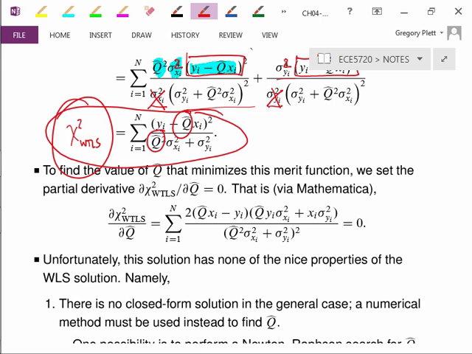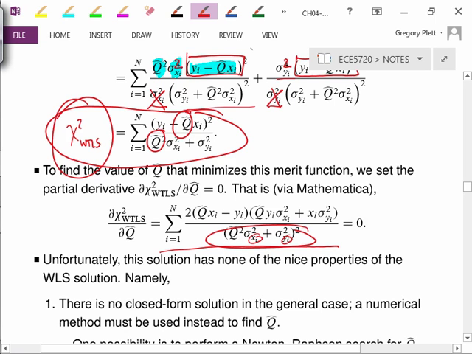Taking the derivative with respect to q, we get this summation, and that summation we set equal to 0, and there's no way to solve it closed form. The q is buried. I can't multiply both sides by this because there's i's in here. It's going to be different for every summation index. It's not going to be the same, and it's the summation that equals 0. It's not the individual elements that equal 0.